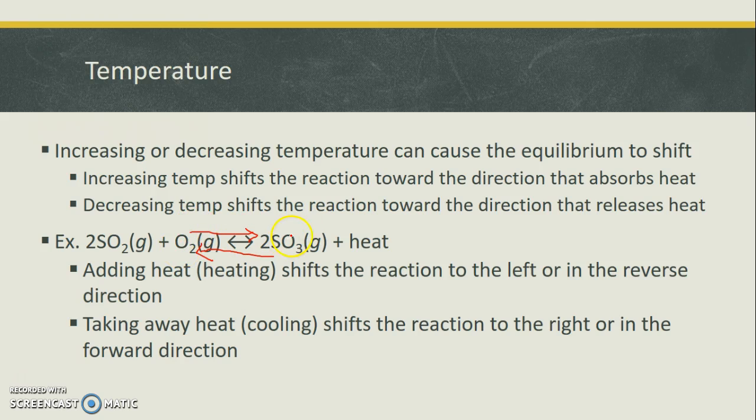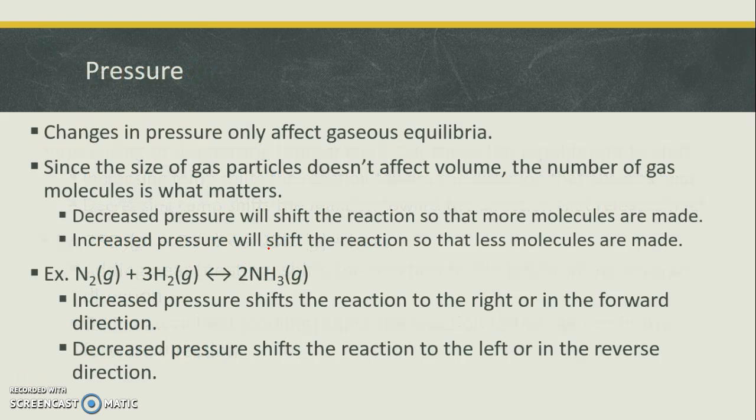If it goes to the right, it's just going to make even more. That doesn't help me make things any better. If I decrease the temperature of the reaction, or I take away heat, then it's going to shift to the right, because going to the right makes more heat. This is kind of a common sense type thing if you understand how to interpret the reaction.